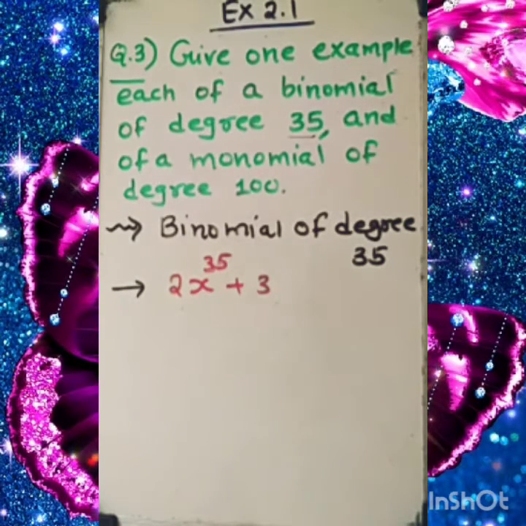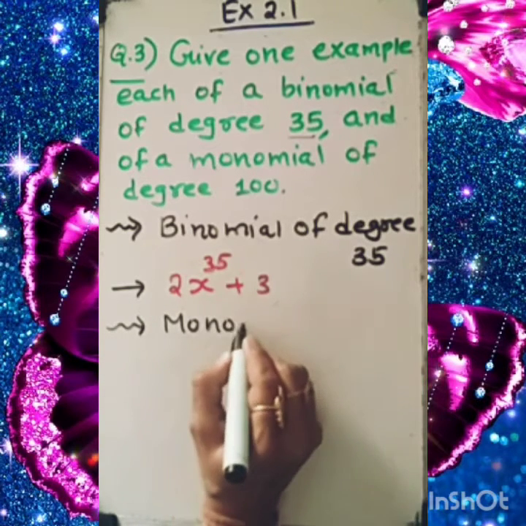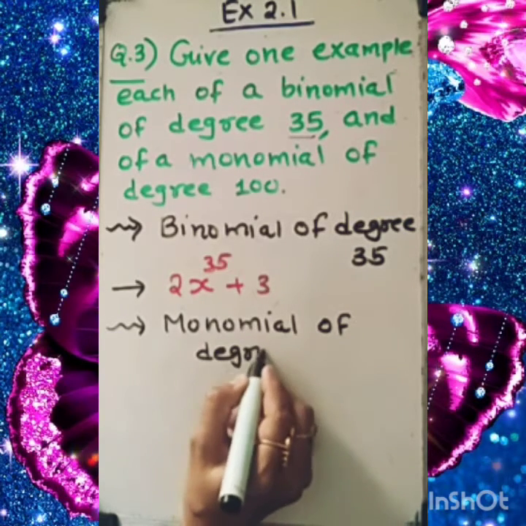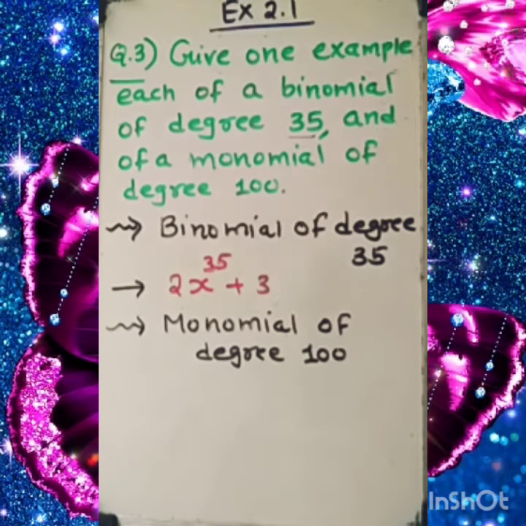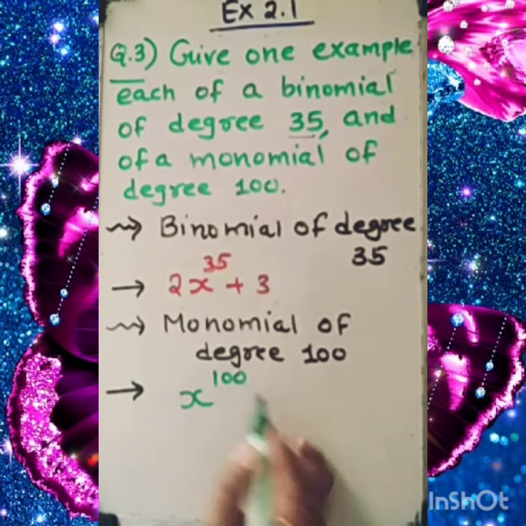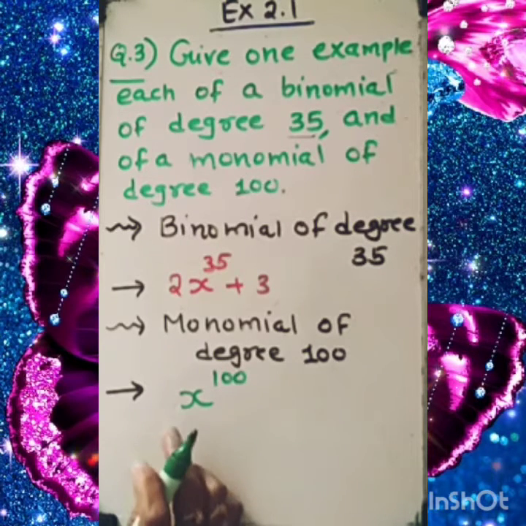Now one more example we have to provide according to the question, that is a monomial of degree 100. Monomial means a single term having power 100. So we need to write x to the power 100. This is the best example. You can also write 5 by 2 x to the power 100 or minus 3 x to the power 100, like that. So this is the solution for this question.